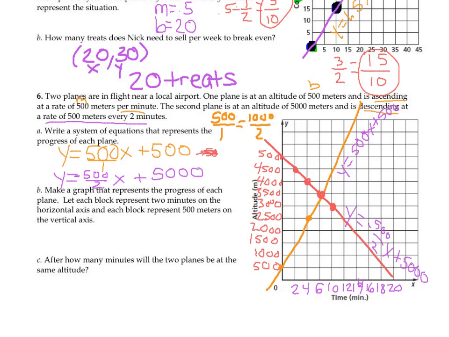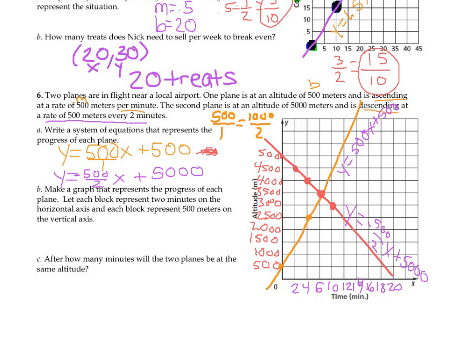And then we can look at part C, asking us after how many minutes will the two planes be at the same altitude, which the two planes will be at the same altitude when the two lines are intersecting. So we can find that point of intersection, which is 6, 3,500.